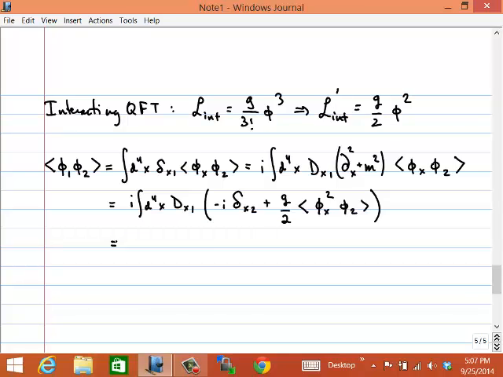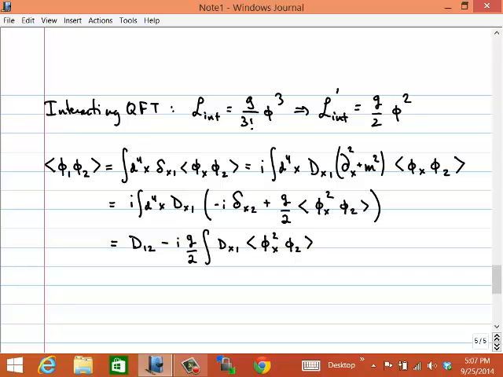So what we see is that this two-point function is equal to the same thing that it was in a free theory, namely d12, plus an additional term. Okay, I seem to have missed a factor of i in my notes, but let's not get too scared and try and continue anyway. So we get an additional term that's proportional to the coupling times dx1 times this cubic operator. Sorry, this expectation value of something cubic in the fields.